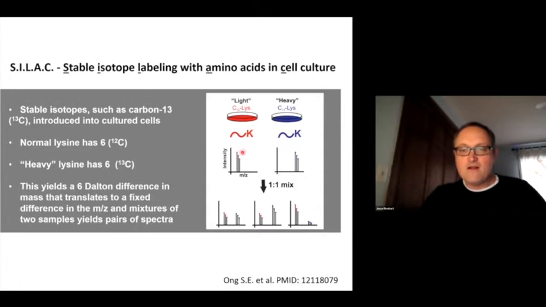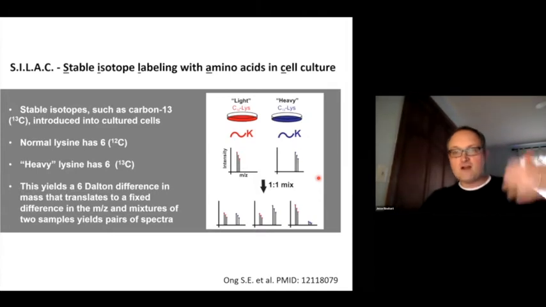If you take that same peptide and you label it uniformly, and each lysine is 6 Daltons heavier, that means the entire peptide is heavier. So this is one example of introducing a label that is specifically resolved by the mass spectrometer, but can be applied to every single protein, every single peptide in the sample.